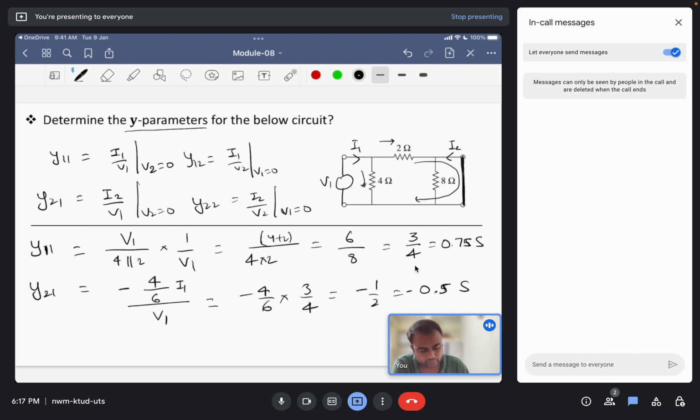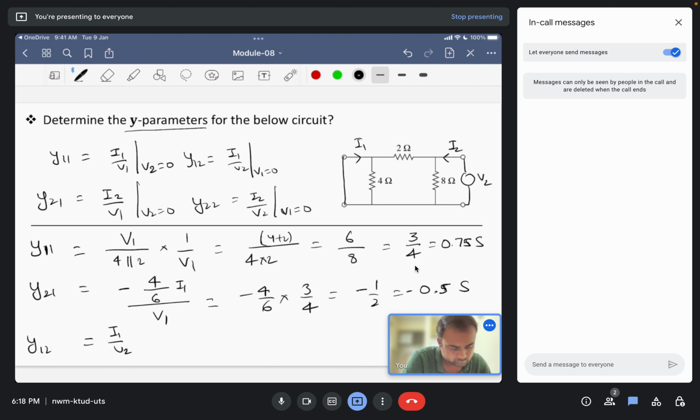These two parameters are calculated, and let us finally calculate Y12. In this case we have to short circuit the input part, so V1 is now 0, and we have to calculate I1 by V2. V2 is a source connected here, this is I2, and this one is I1. Let us first calculate I1.